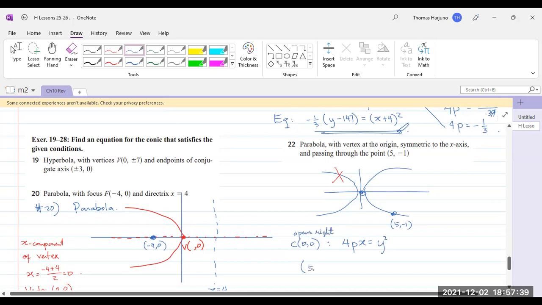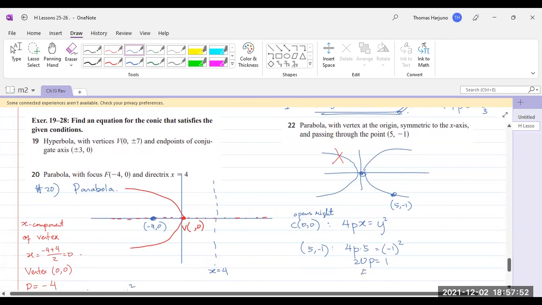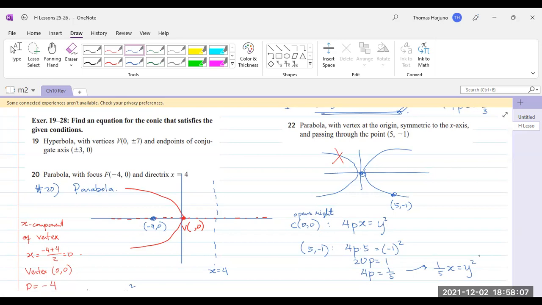Then we plug in (5, -1), so 20p equals 1. So 4p is 1/5. So that is 1/5 x equals y squared. That's for number 22.